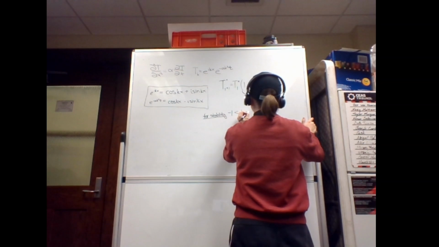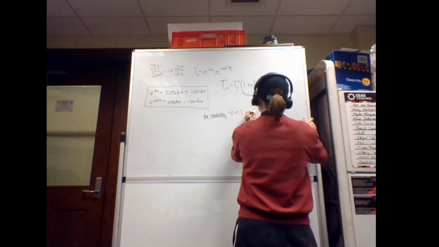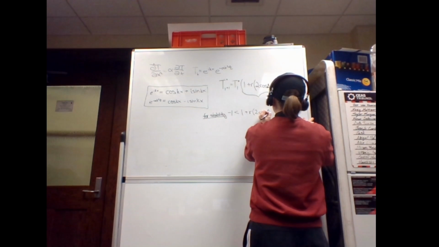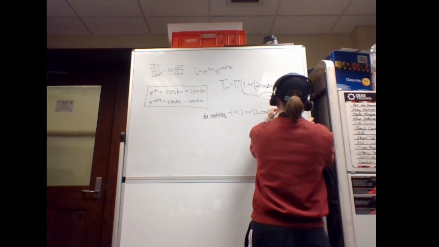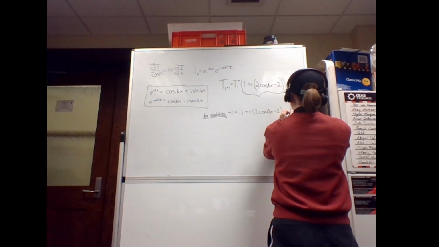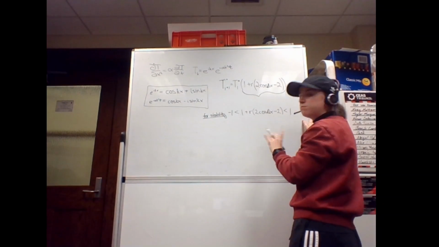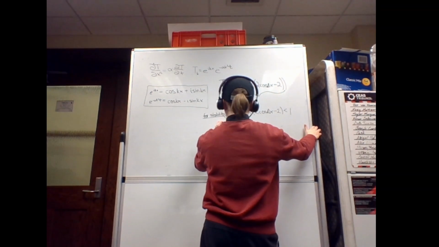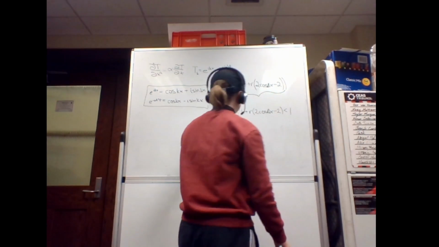So the magnitude of 1 plus r times 2 cosine kΔx minus 2 must be less than 1. So we're going to simplify this all down and solve for that value of r. So let's just do the math.